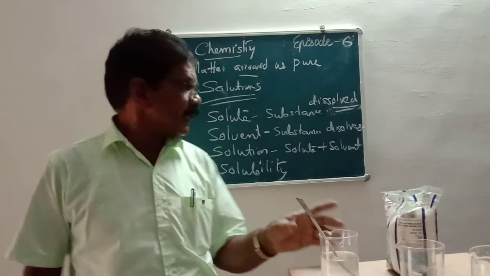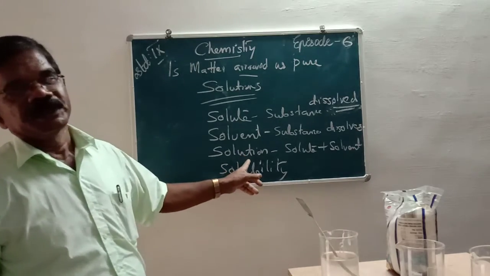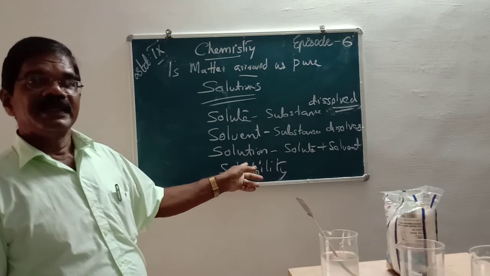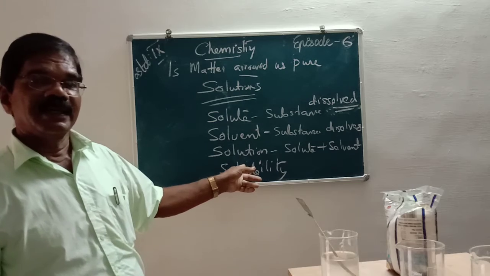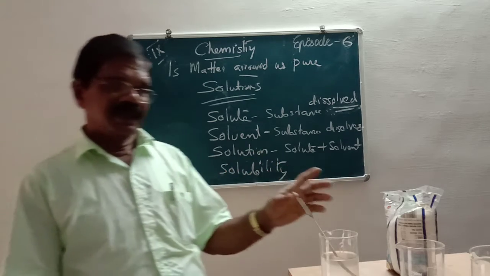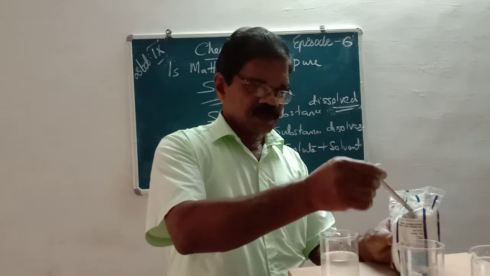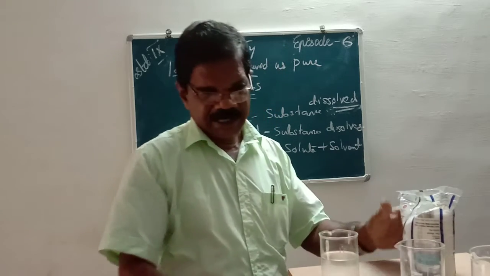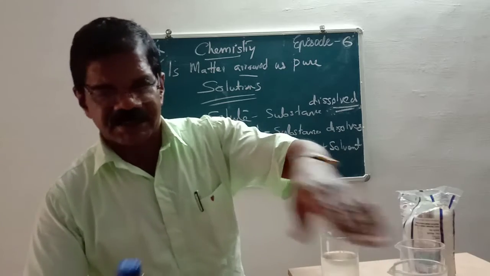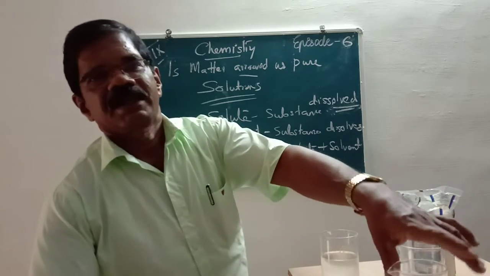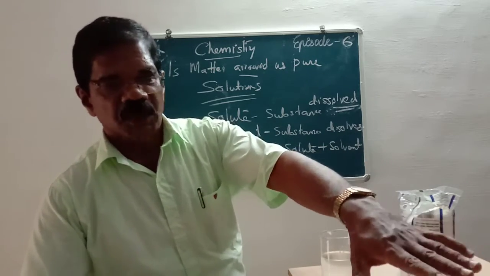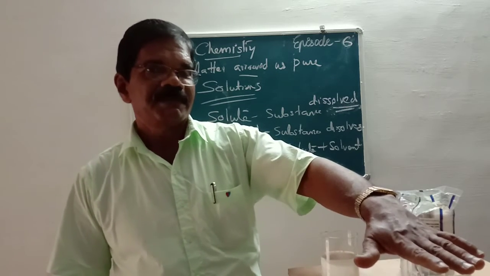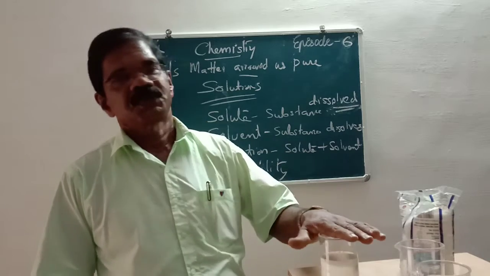Solute plus solvent, that is called a solution. So in every solution, we can find three things. What are they? This is the solute. The other thing we have seen is water, the solvent. Then solute and solvent mixed together, we get a solution.